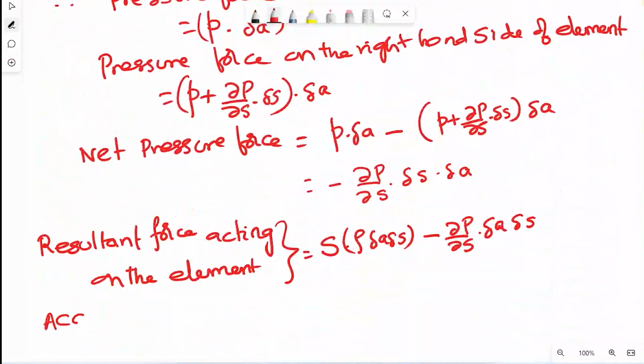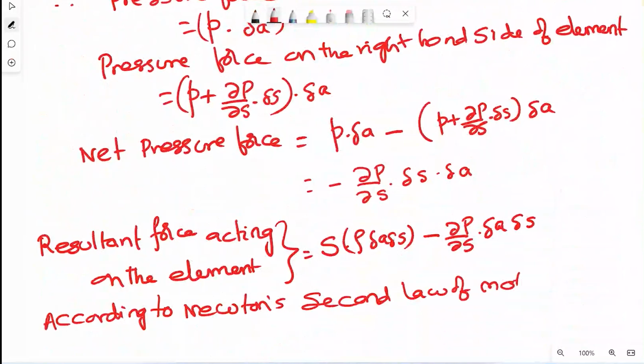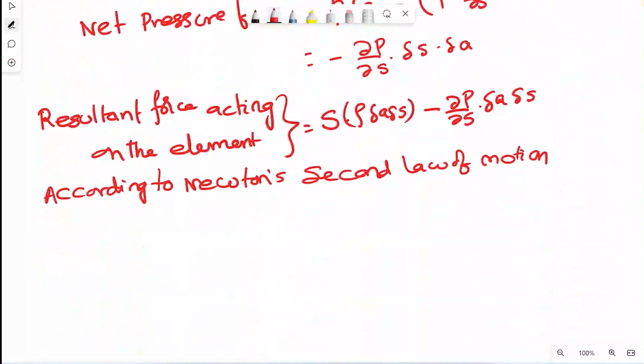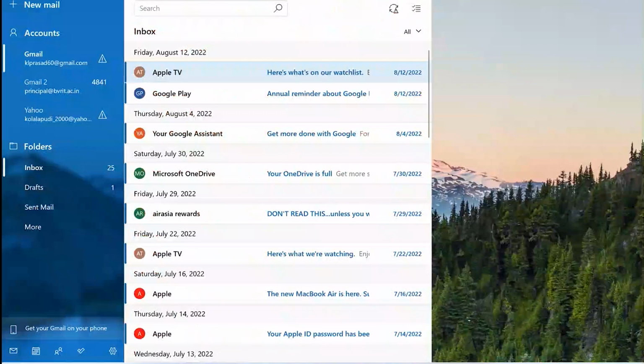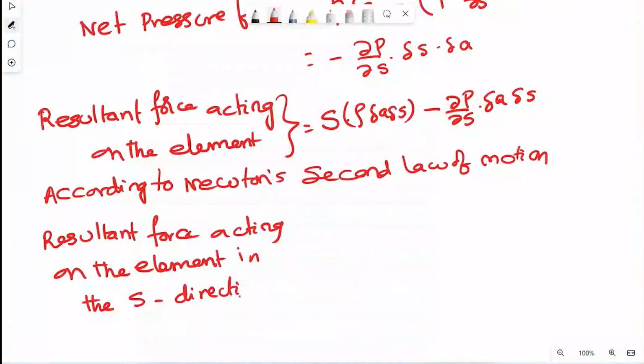Now, according to Newton's second law of motion, the resultant force acting on the element in the S direction is equal to mass into acceleration in the S direction.